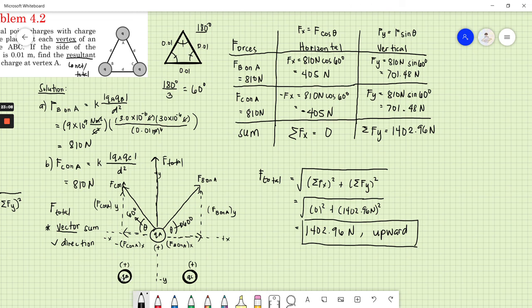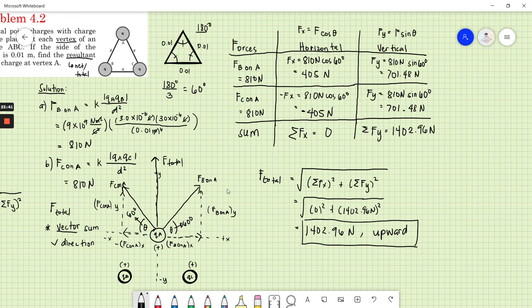Since we know that QB is positive and QC is positive, it means they have a repelling force because QA is positive. So the direction is opposite the direction of QB and QC. We ended up having this direction for our FC on A and FB on A. After identifying the direction of the forces, if the direction is not straight on the x or y axis, what we have to do is find the components.